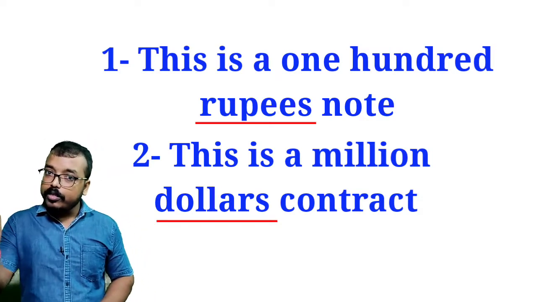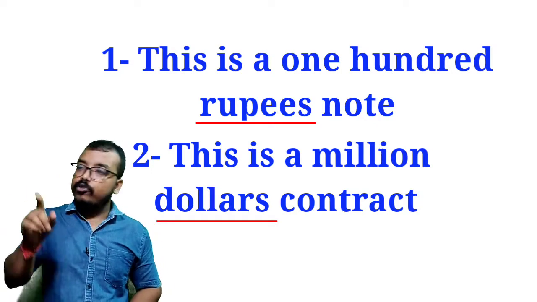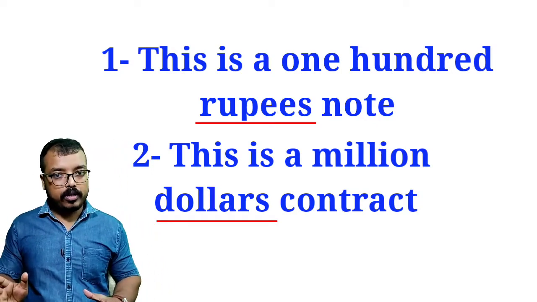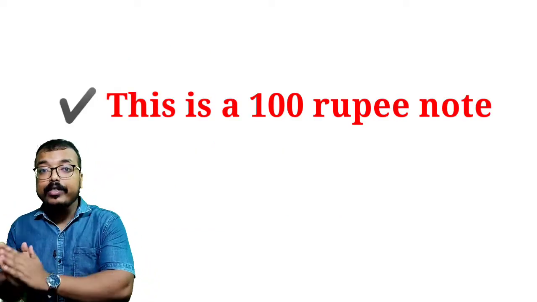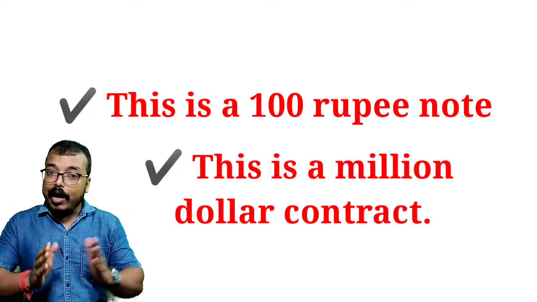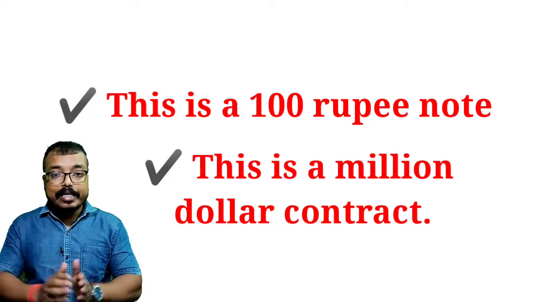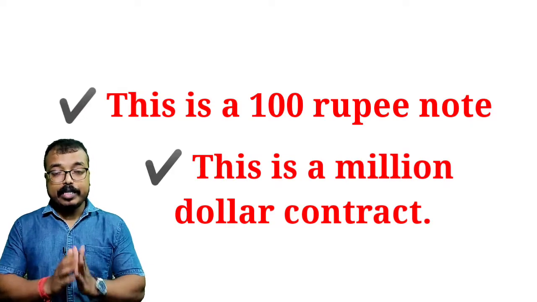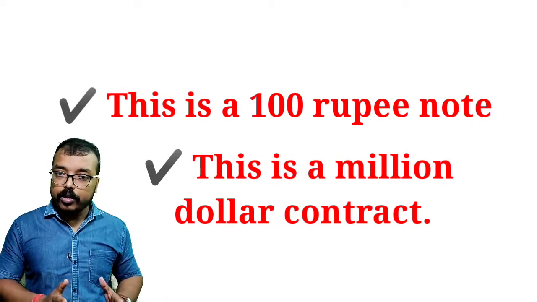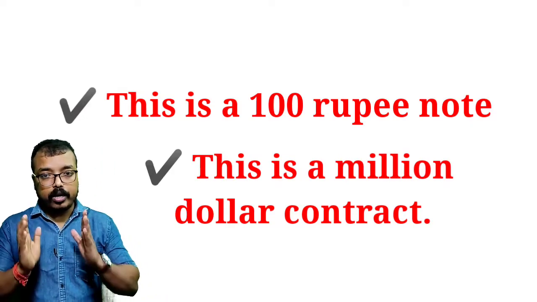Whenever we use note at the end, we have to omit the s from rupees. We have to say this is a 100 rupee note, not rupees. You will have to say this is a $1 million contract, not $1 millions contract. Okay.